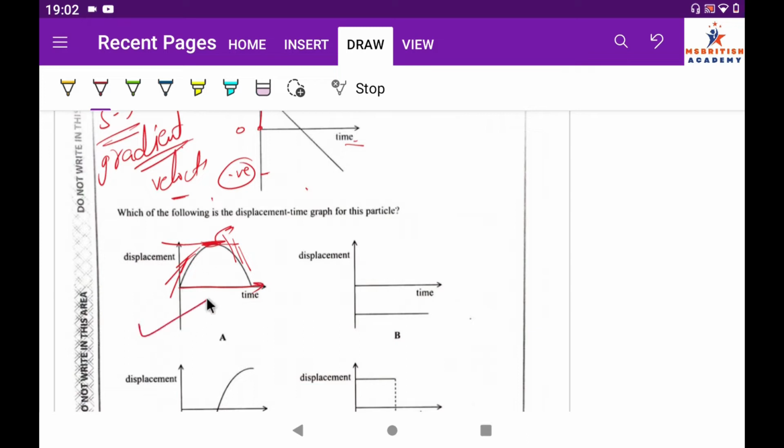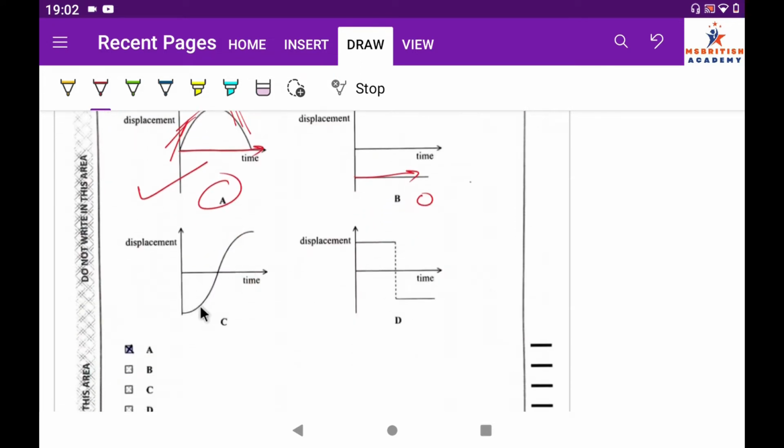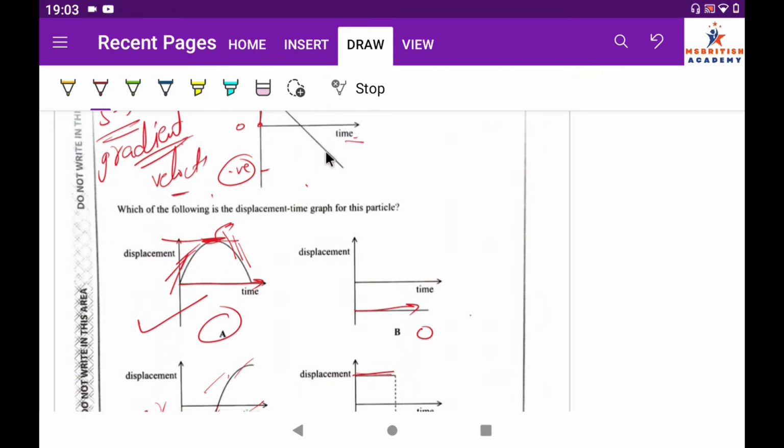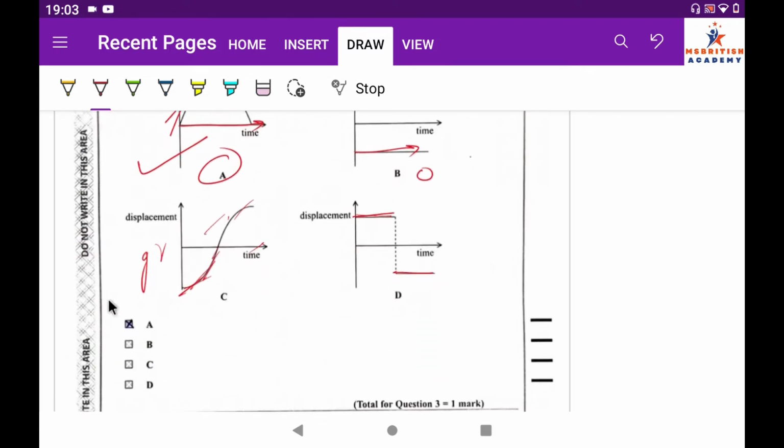So our answer is going to be option A. But see option B, here the graph is constant, meaning gradient is always 0, and in this one the gradient is always positive. In this one gradient is positive, and then suddenly it becomes negative. But our answer goes gradually from positive to 0, and 0 to negative. So from here our answer is only option A.